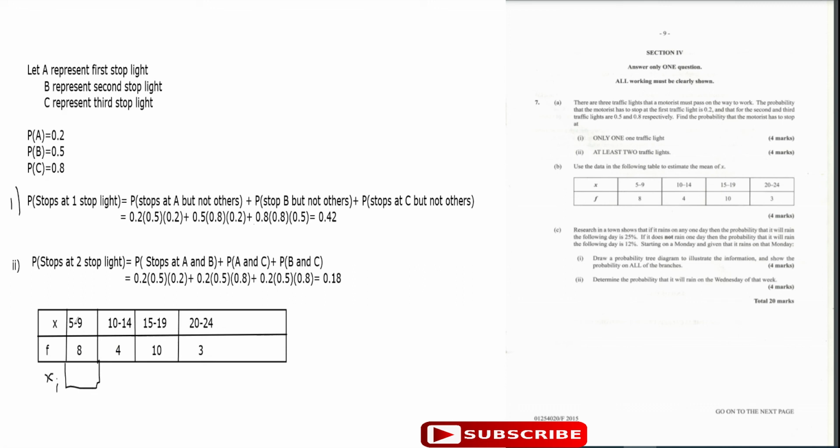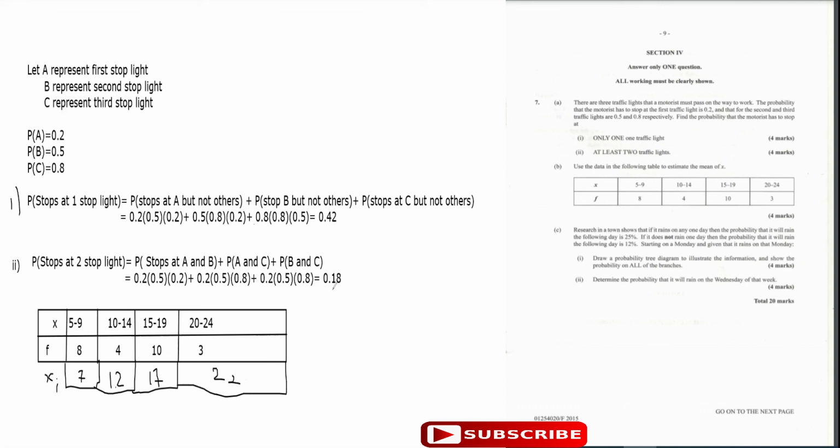The midpoint is going to be 4.5 plus 9.5 divided by 2, so the midpoint will be 7. Then right here will be 12. Then right here will be 17. And then right here will be 24 plus 20 divided by 2, that's 22.